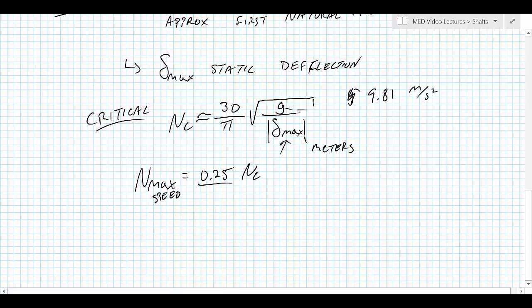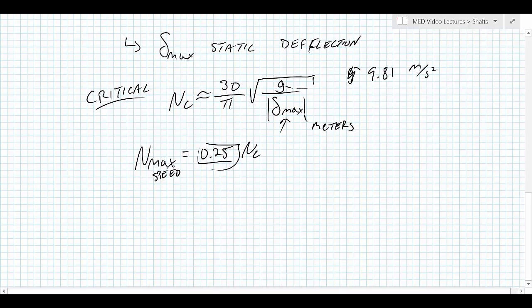You can check to make sure that you're nowhere near these harmonics, because oftentimes we run motors a little hot. We might go a little bit faster, so we want to leave plenty of room. That's why it's a quarter of the critical speed. You can fudge a little around that 25% or whatever, but try to avoid that critical speed as much as possible and avoid that induced vibration.